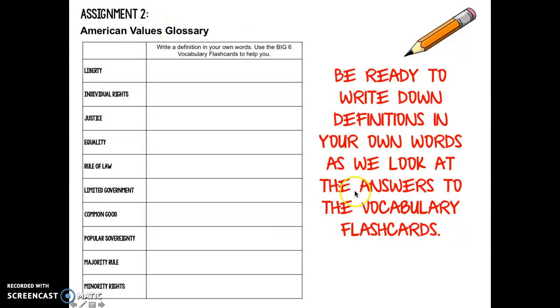Be ready to write down definitions in your own words as we look at the vocabulary flashcard answers. So I'm going to give you the answer on the vocab, and then I'm going to put it in my own words. You can choose to write mine, or you can write it in your own words to summarize that. But by the end of this lesson, each one of these will be identified, and you will have the answers written in, and you will have the answers on your flashcards as well.